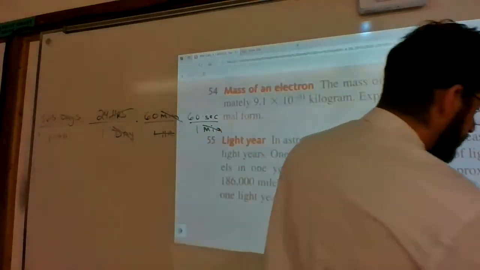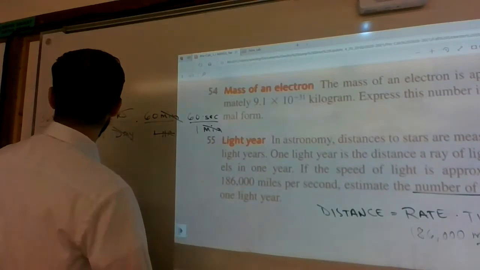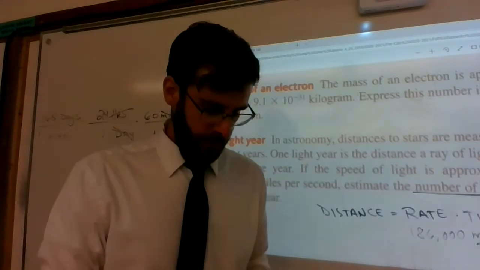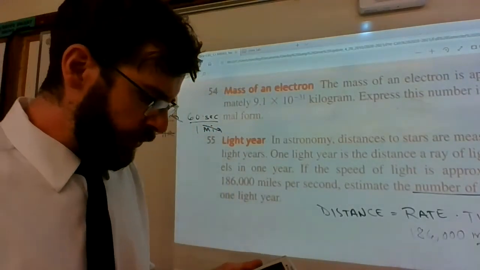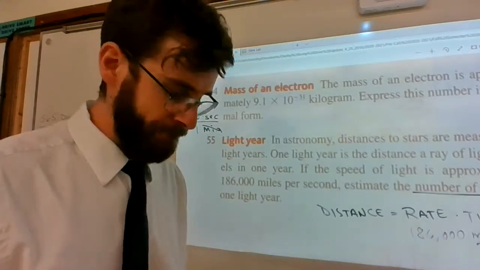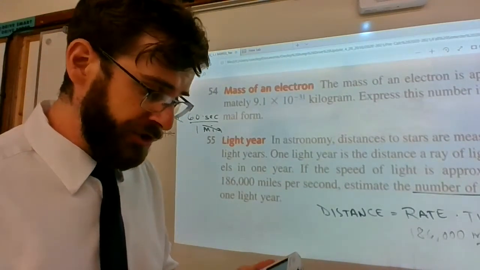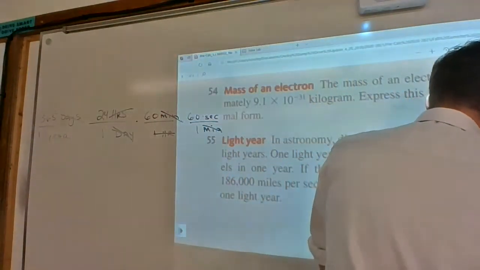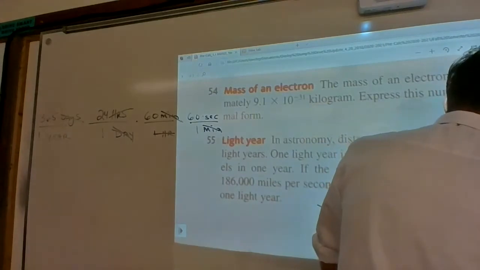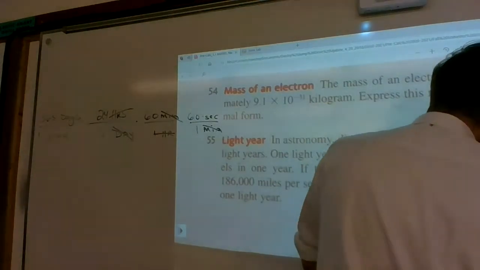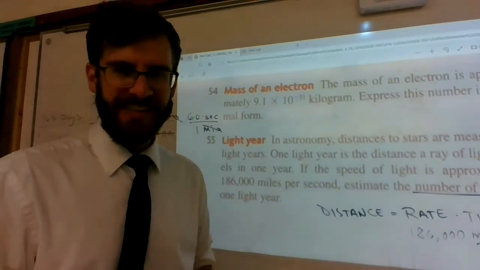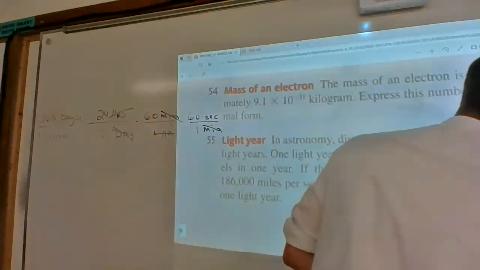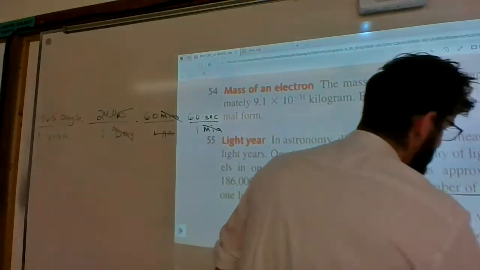Now we can replace year with, okay, maybe we need to calculate this. 365 times 24 times 60 times 60 is a really large number. Looks like 31,536,000 seconds per year. So it cancels the seconds.